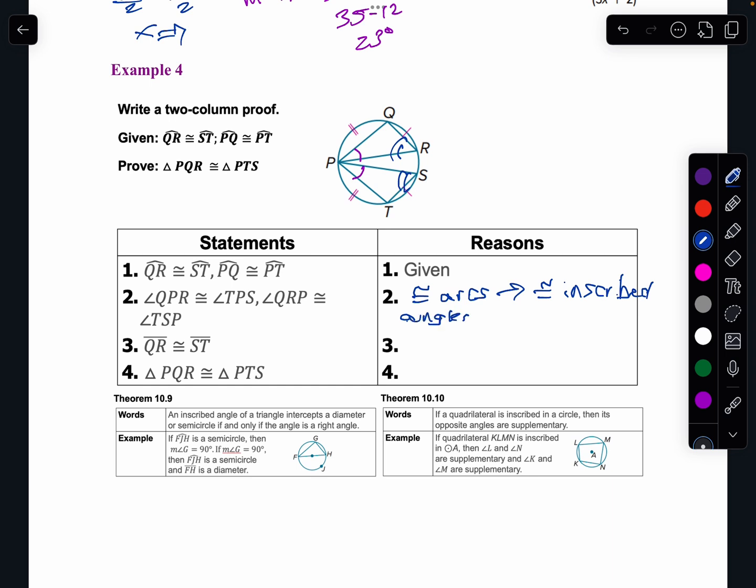And then we're going to say segment QR is congruent to segment ST. That's from yesterday: congruent arcs imply congruent chords. Now if we look, we've got angle, angle, side in those two triangles. And there's our proof. Nice four-step proof.